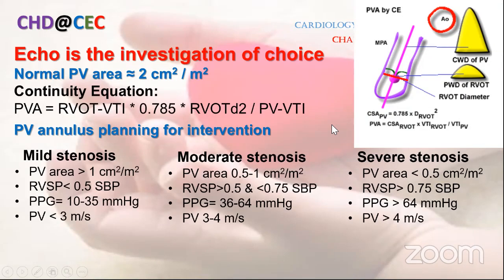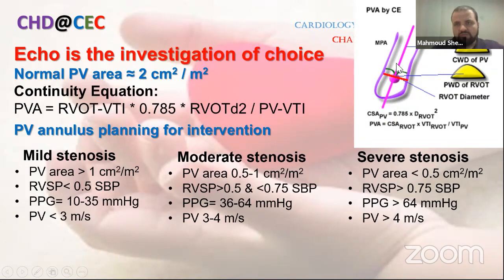So you try to get good alignment so that you're aligned to the flow into the pulmonary valve. Yes. So you try to be parallel to the flow with the cursor as much as you can, making the angle of the Doppler almost 0 to get a good alignment and a good gradient. Then you measure the RVOT diameter, which is the red in this view.